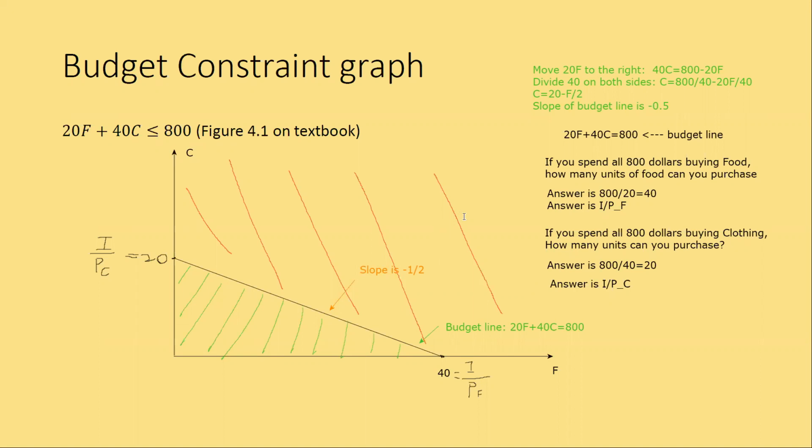Now, in this example, I've been using numbers, but let's see what if we change everything into variables. So for example, instead of starting with 20F plus 40C less than or equal to 800, what if we start with F times PF plus C times PC less than or equal to I? Now we can do the same trick as we have done over here.